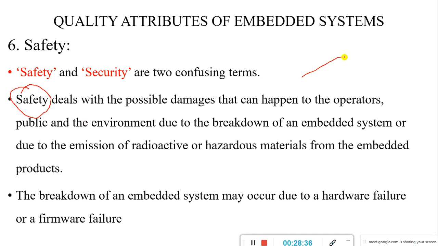Say, for example, if an accident happens, knowingly or unknowingly, and there are a few embedded systems present in your vehicle. Assume all the embedded systems, all the MCUs, stop working. Then what should I do? I should invest a huge amount to get it repaired.